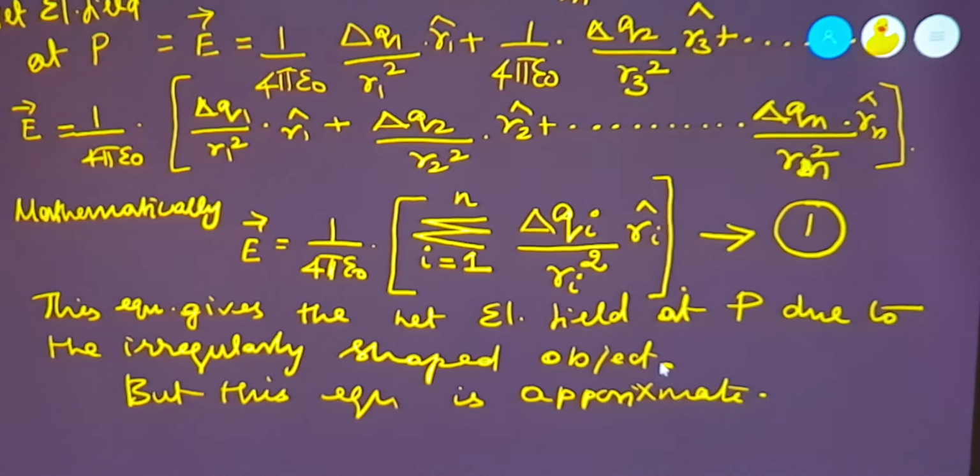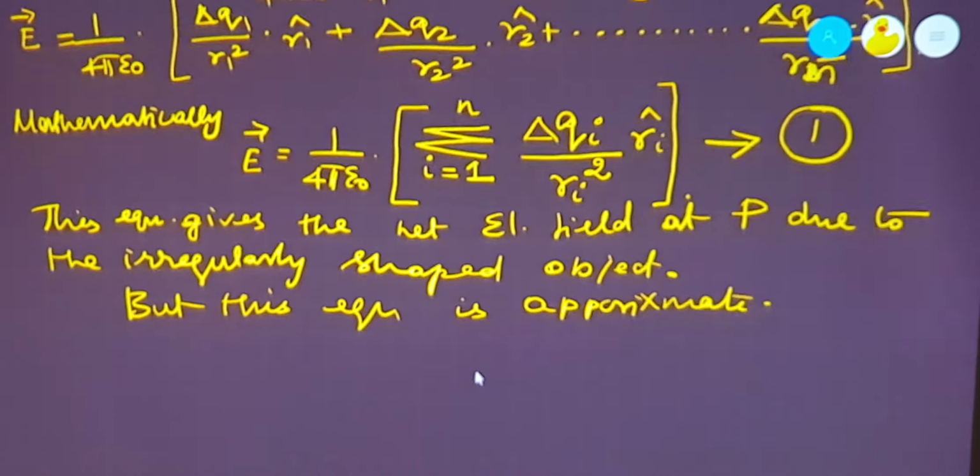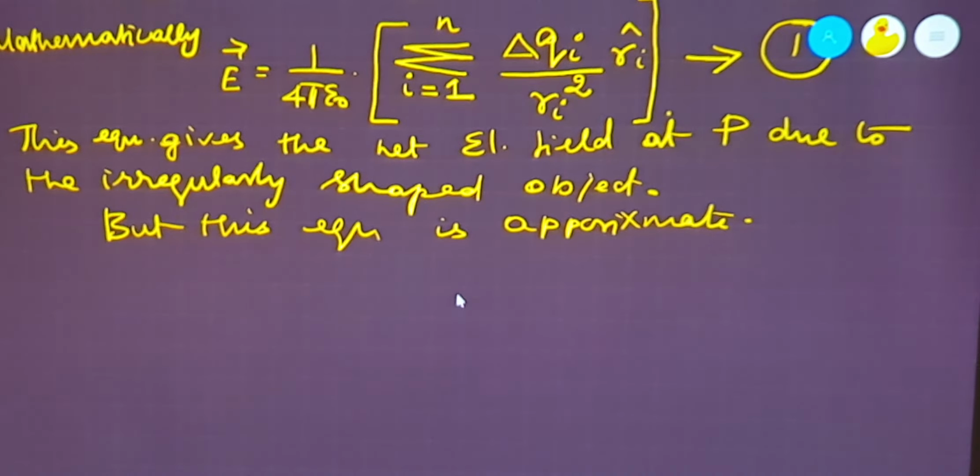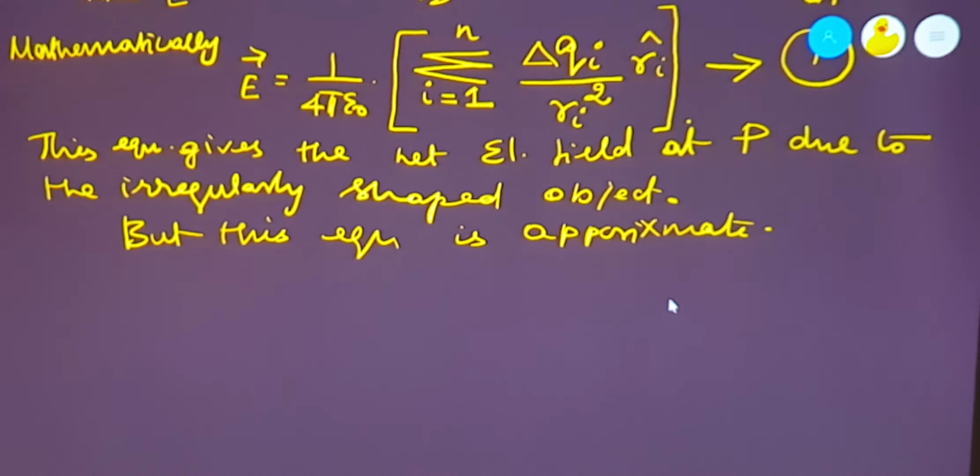Using this, what can we do? We can write this summation in terms of an integral. How can I consider it in terms of integration? See, in integral calculus you might have studied delta Q tends to 0.